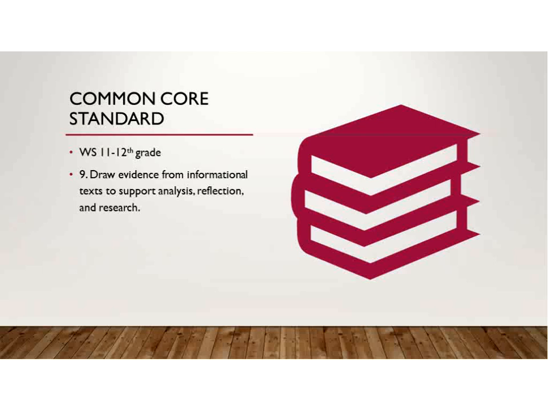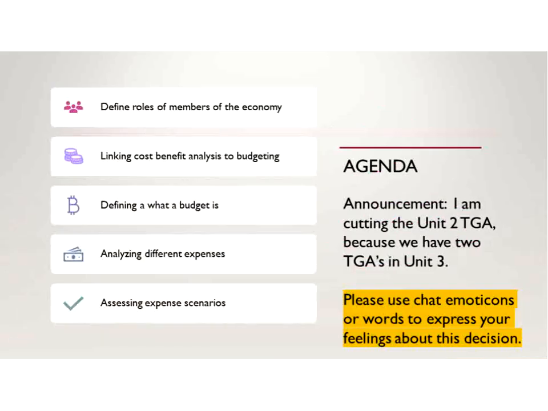In plain English, it means you can read material, analyze the information or other information based on that reading, reflect on it, and do further research. That's one of the skills you need to be able to do, says the federal government.